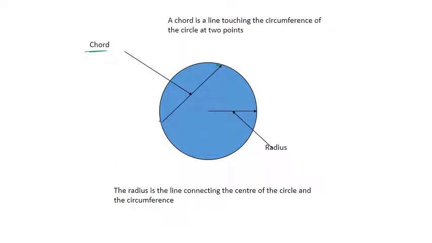Now, the chord is also a line or a segment that cuts the circle at 2 points, but it doesn't pass through the center. So the difference between the chord and the diameter is that the diameter passes through the center, while the chord does not pass through the center.